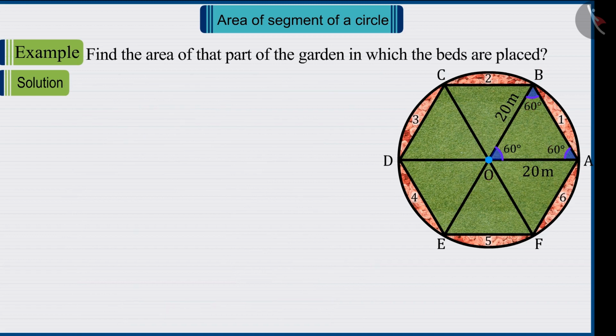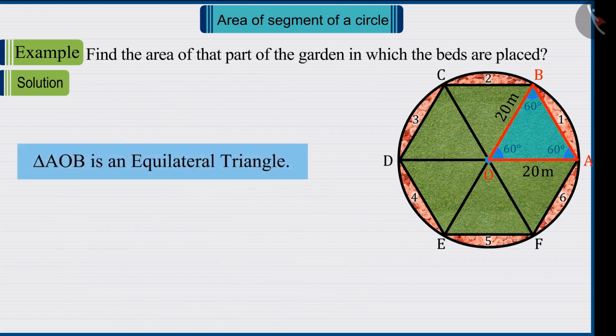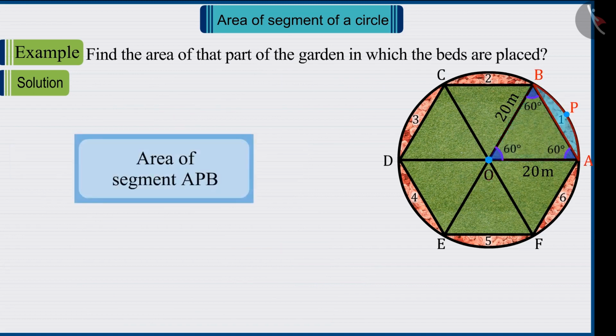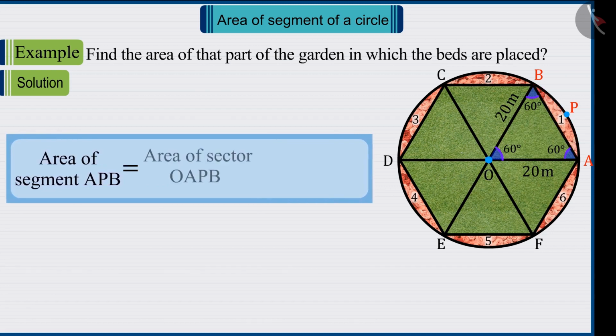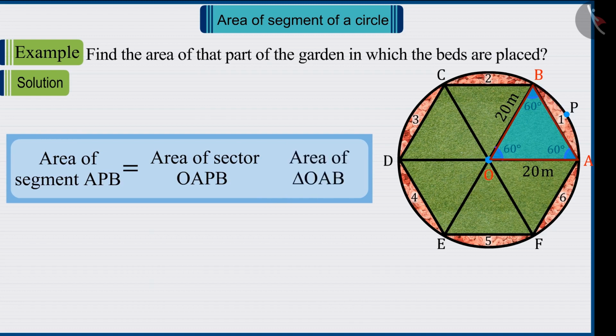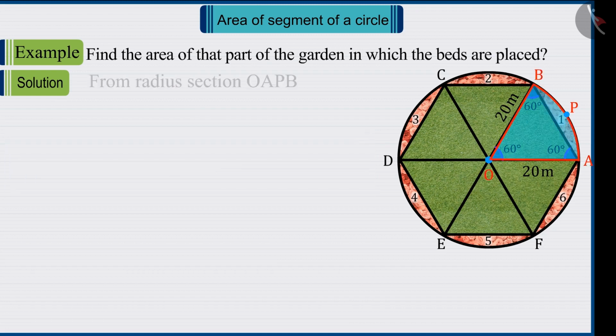So, we can say that triangle AOB is an equilateral triangle with all sides equal. Since we have to find the area of the segment, from the area of sector OAPB, the area of equilateral triangle OAB will be subtracted.